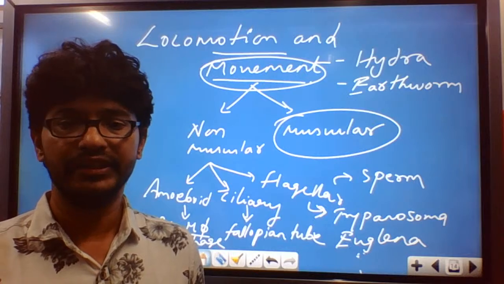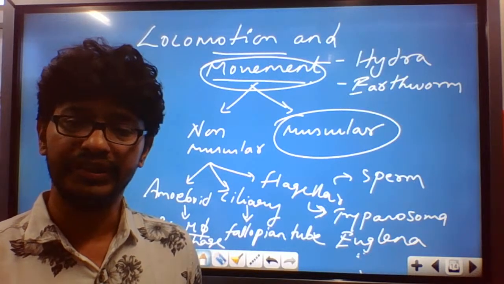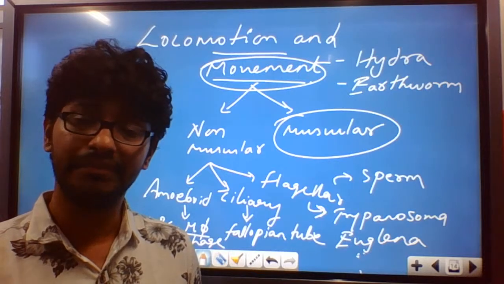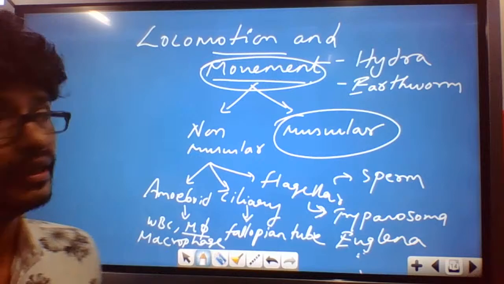Setae is not a peristaltic movement; it's setae. Setae are the structures you could see in the posterior part, which help the earthworm move from one place to another.